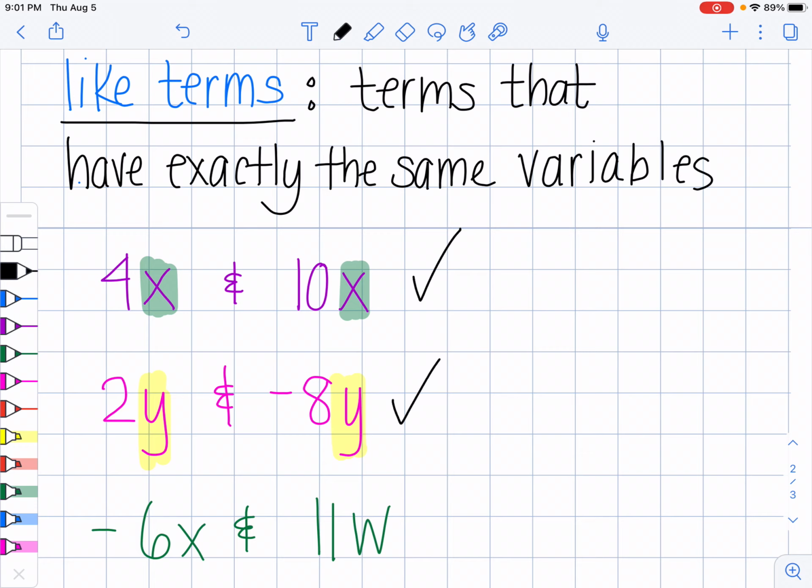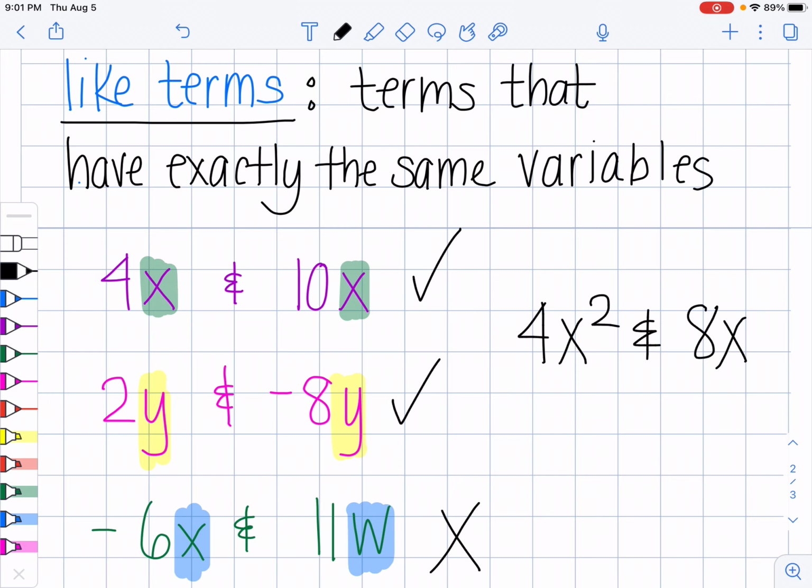Yes. All right, now we look down here at this one. Here I have a 6, I have an x, and 11w. So I want to know, is x the same as w? No, they're not. Here's where it can get a little bit tricky. What if I gave you 4x squared and 8x?